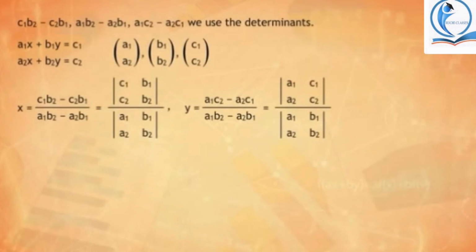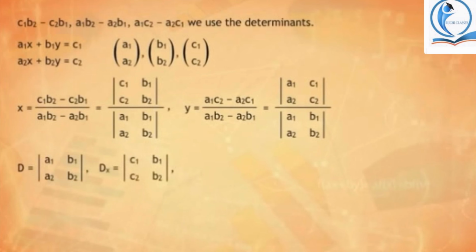To remember, let us denote: determinant D is equal to [a1 b1; a2 b2]. Determinant Dx is equal to [c1 b1; c2 b2]. Determinant Dy is equal to [a1 c1; a2 c2].